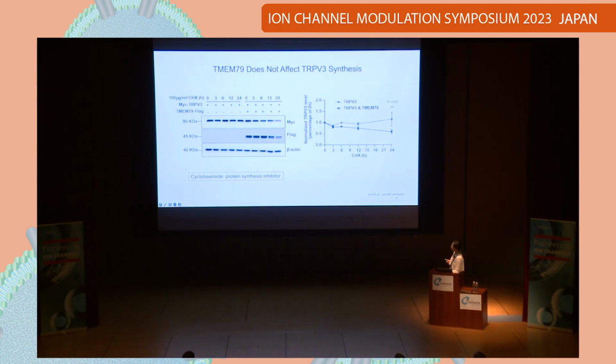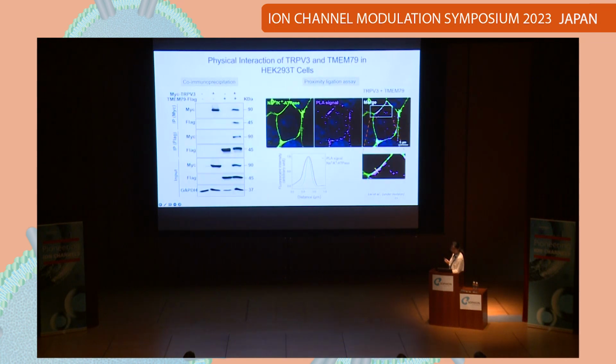And we found TRPV3 degrades much quicker, especially at 24 hours, when co-expressed with TMEM79. This really suggests the lower TRPV3 expression caused by TMEM79 is due to more protein degradation rather than less protein synthesis.